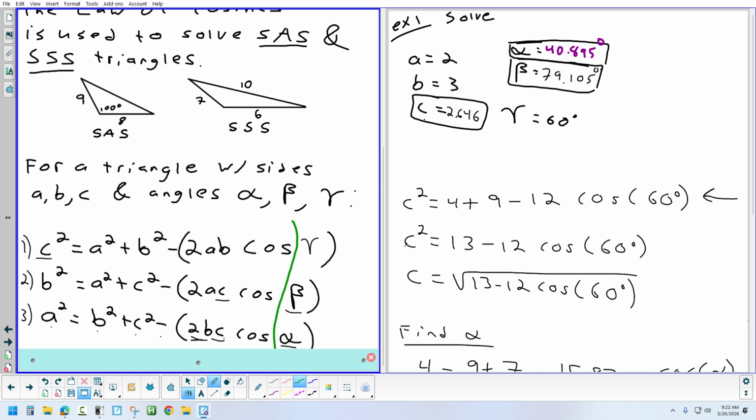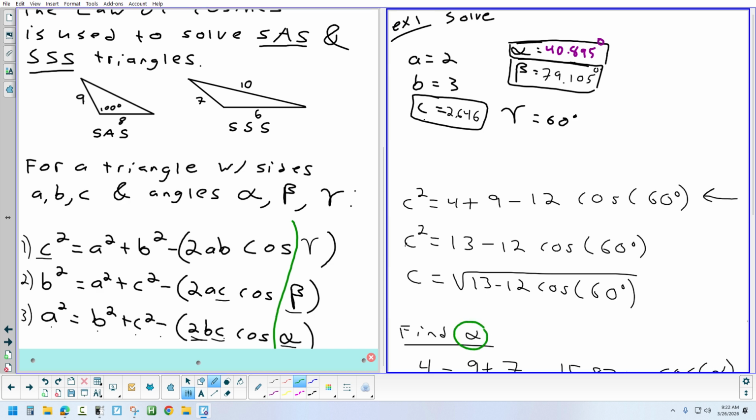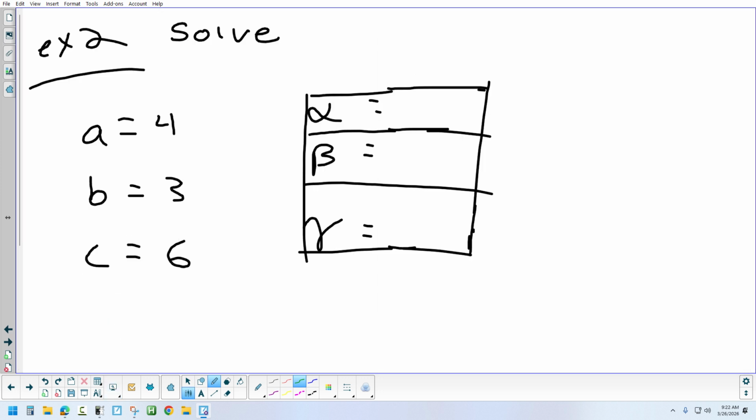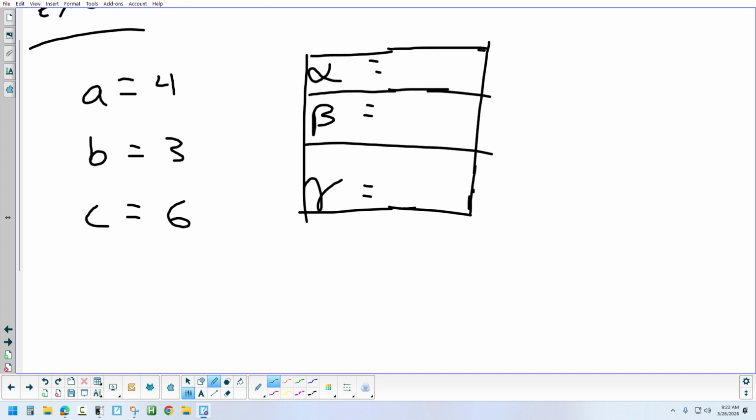Okay, we've already found alpha. So we already practiced doing it that way. Let's try beta or gamma. Which one do you want to find? Beta? Sure. Okay, so we're going to find beta.